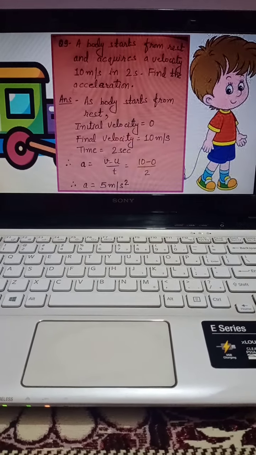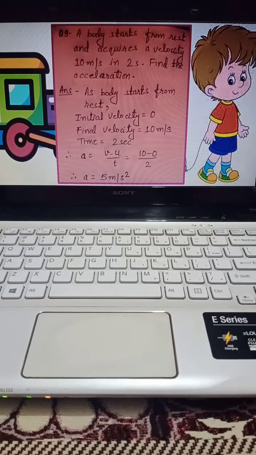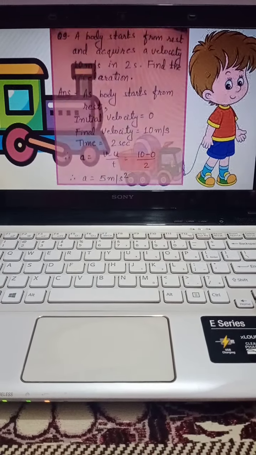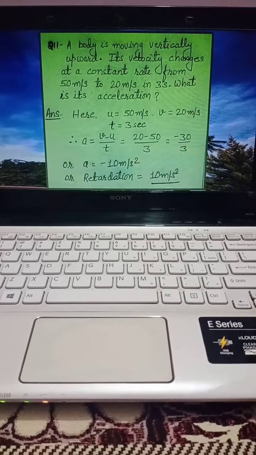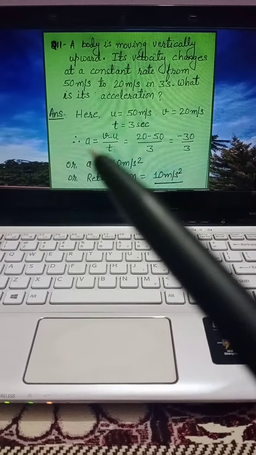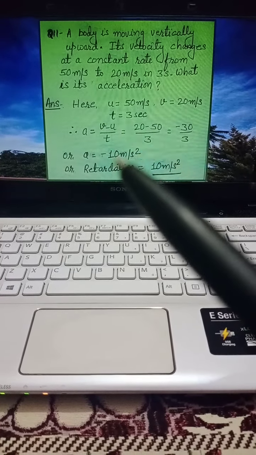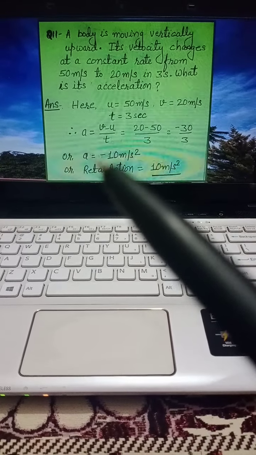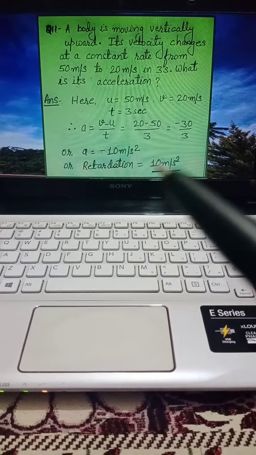Then in the third numerical we have found out acceleration, v minus u by t. And then in the fourth numerical we have seen how to find out the retardation, meaning negative acceleration. When the acceleration comes out negative, we can say that it is a retardation.